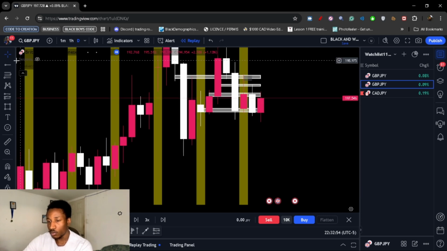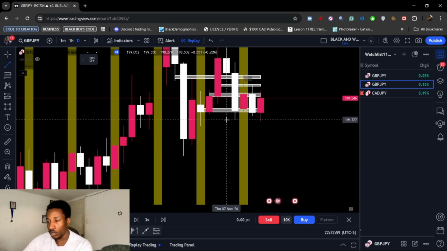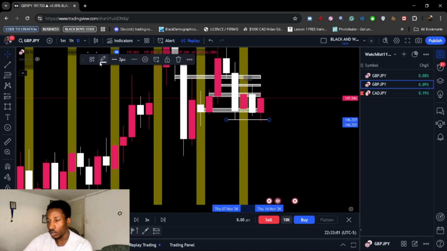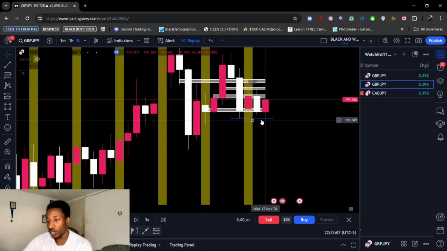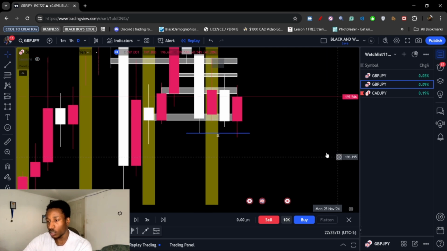So in this case, boom, this was the liquidity zone right there, like that. And then price now took it out. And also this was another liquidity zone here again.